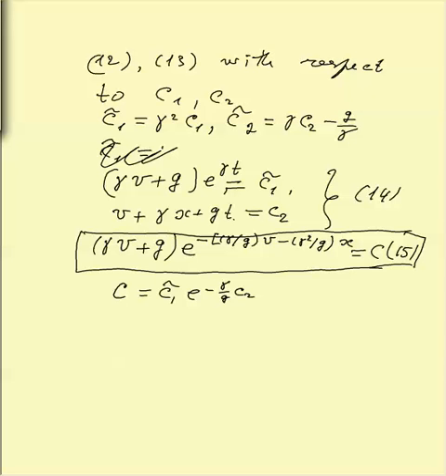So we have now the following results. The trajectory of the falling body in the Earth's atmosphere is given by x equals c2 minus g over gamma t minus c1 exponent minus gamma t, and this was equation 12.